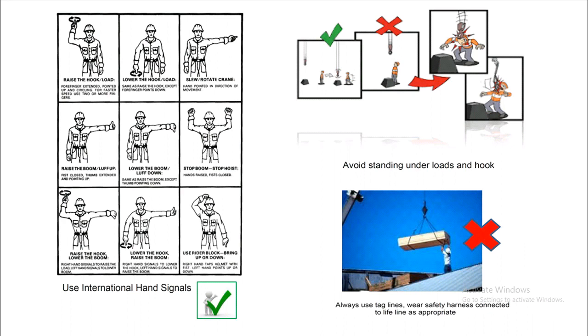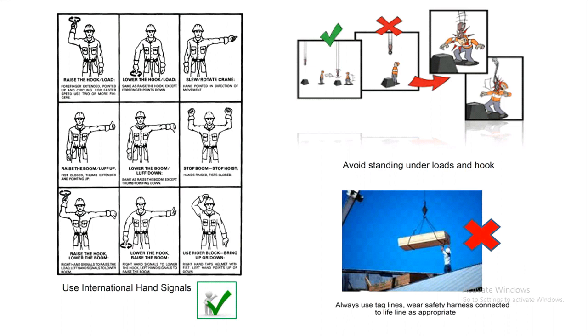Lower the hook, raise the boom. The same technique applies when one pointing finger is rotating downward and one thumb is at the same time pointing upward, that means lower the hook and raise the boom.